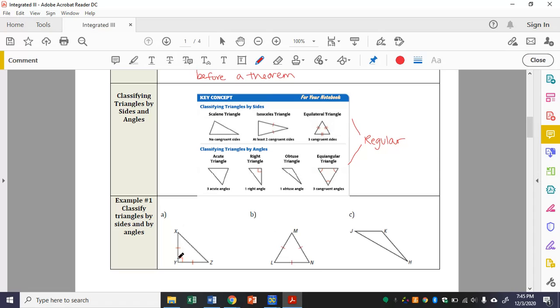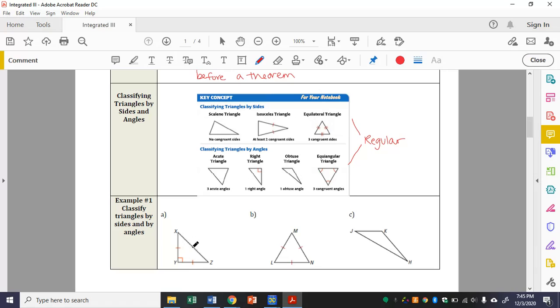So then we look down here at example 1, and I have this triangle. I'm going to call it triangle XYZ. We name triangles by listing the 3 vertices. We want to classify it by its sides and by its angles. Looking at its sides, these 2 sides have tick marks, which means they have the same length.